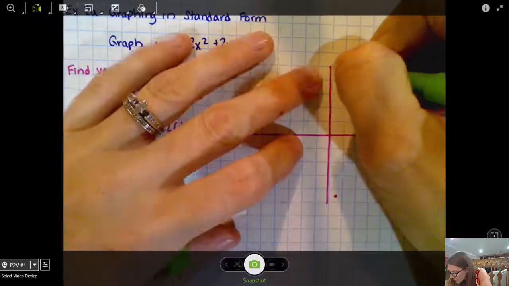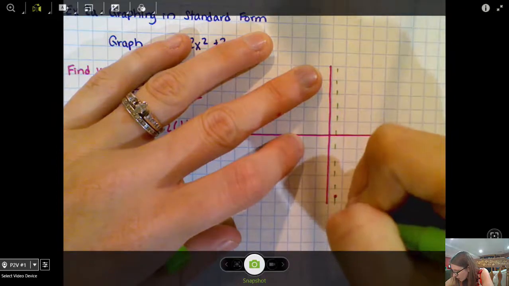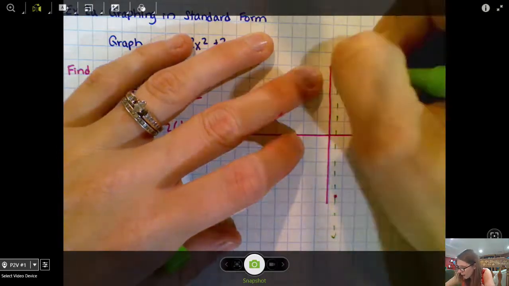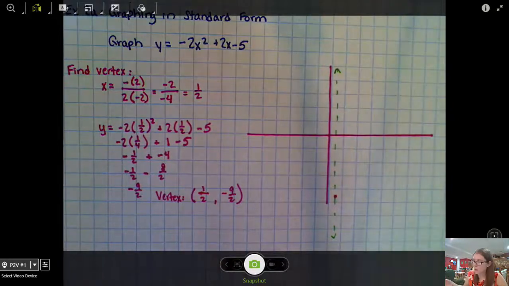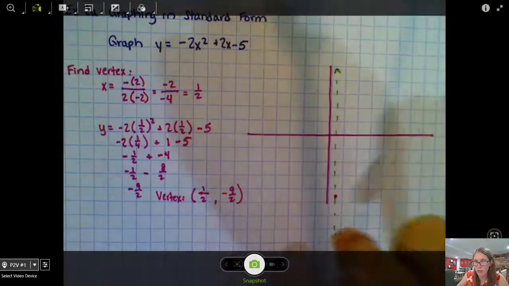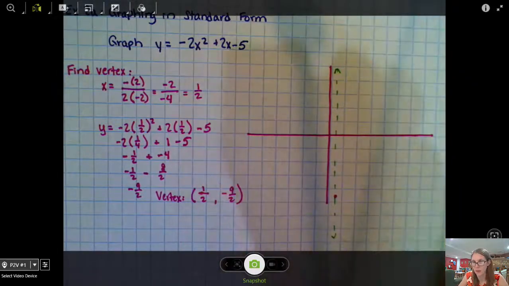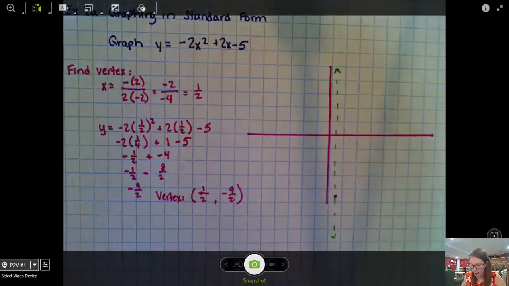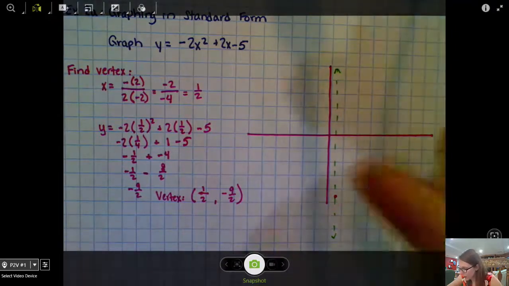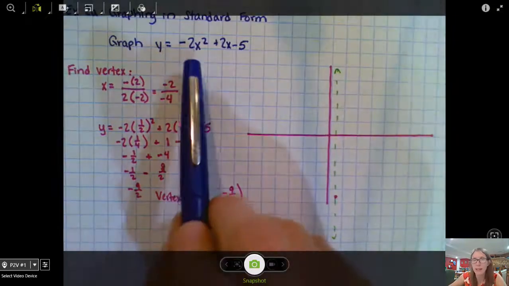My axis of symmetry is going through at x equals 1/2. Just like with our vertex form, now that we know our vertex, we know our parabola is the same on both sides, we can plug in some other values for x that are pretty close to my vertex. So I guess 0 would probably be a good value to plug in, and that works out really nicely.